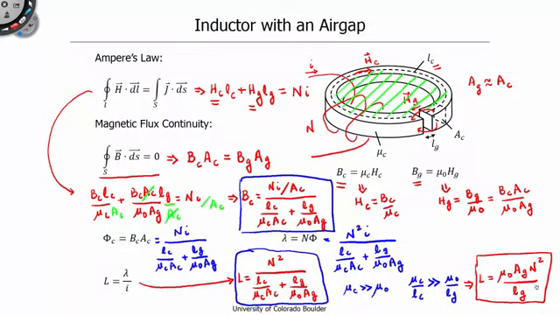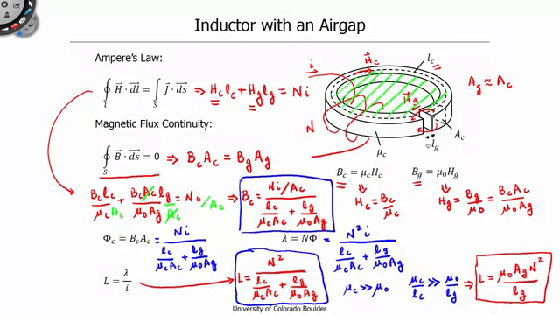You may ask, what is the point of having the core in the first place if I'm not going to utilize any of the properties of the core? Well, think about it. Why do you think we use the core? We use the core mostly because if we didn't have the core, we would not be able to specify a specific value of LG.